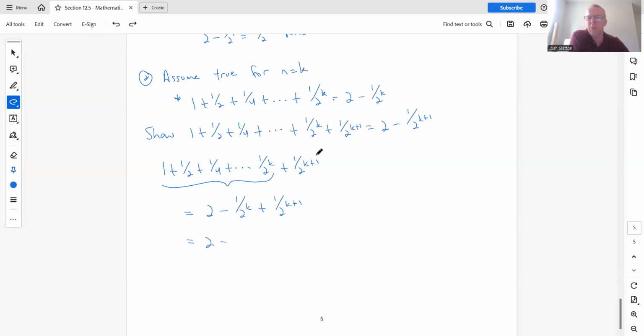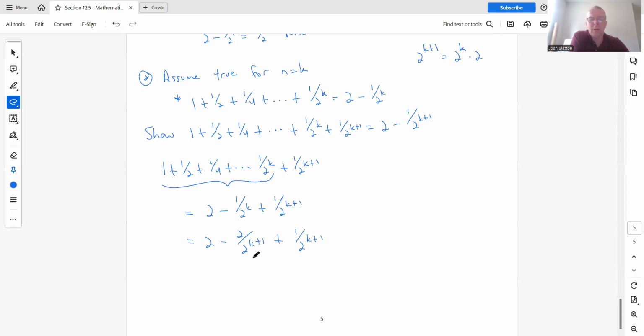We need to multiply it by 2, because of course 2 to the k plus 1 is 2 to the k times 2. So if we multiply this one by 2, we'll have the common denominator. So we're multiplying the top and bottom by 2, giving 2 over 2 to the k plus 1.